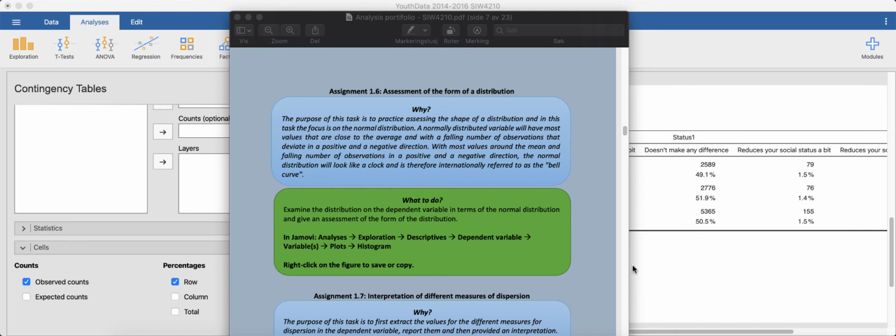A normally distributed variable must have values that are close to the average, with a falling number of observations that deviate in a positive or negative direction. With most values around the mean and falling numbers of observations in a positive or negative direction, the normal distribution will look like a clock, and that is therefore internationally referred to as a bell curve, as an old type of clock.